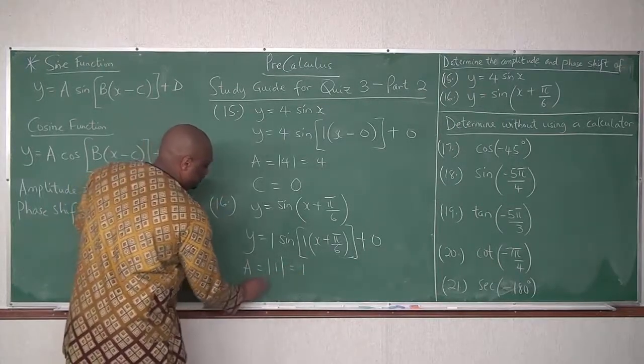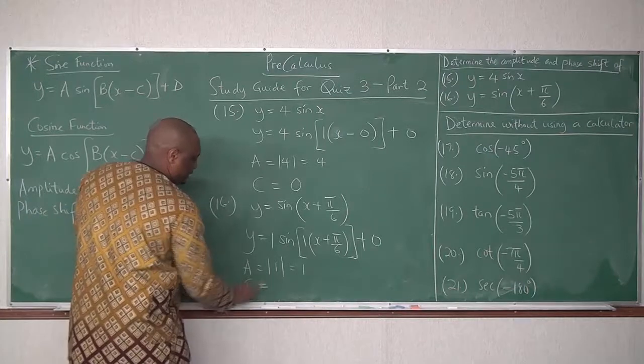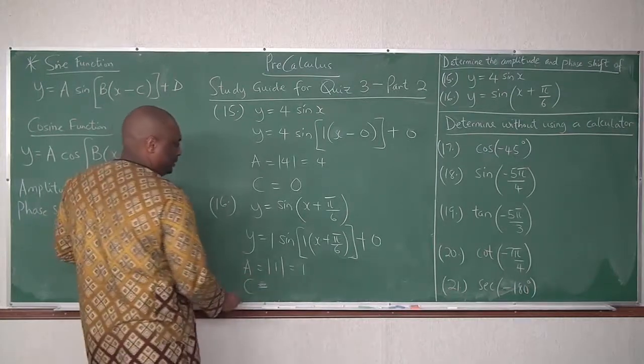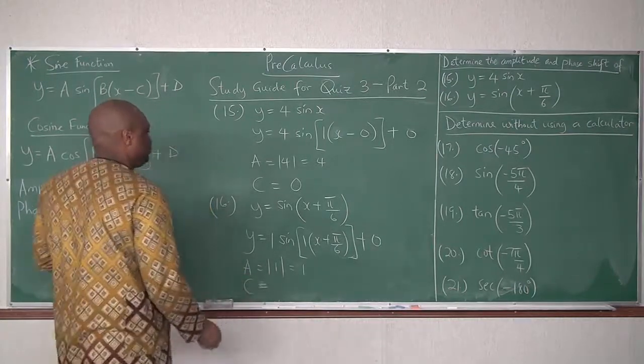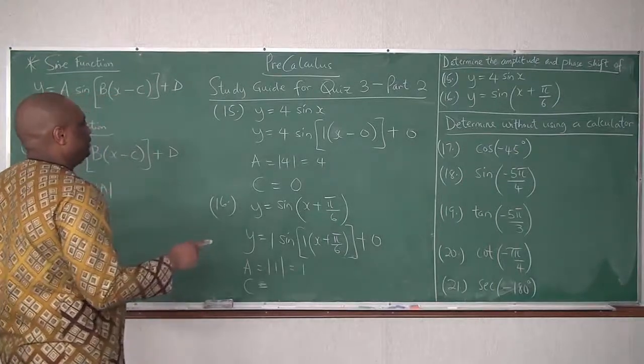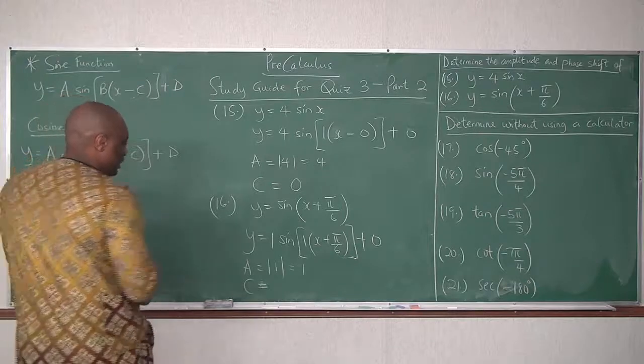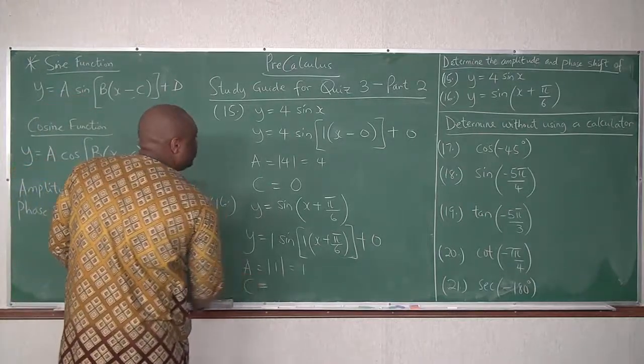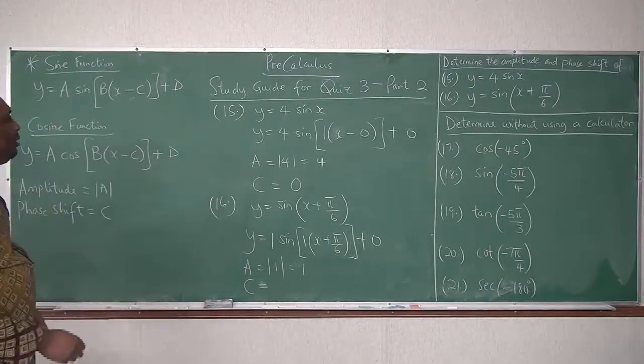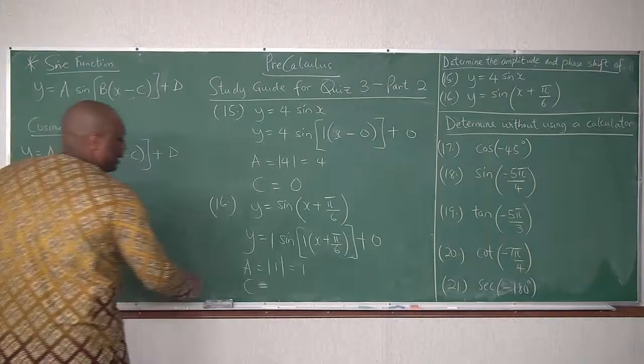And the phase shift C, I'm going to show you something, folks. We need to compare with this minus C. So let's look at this very well so we can compare.